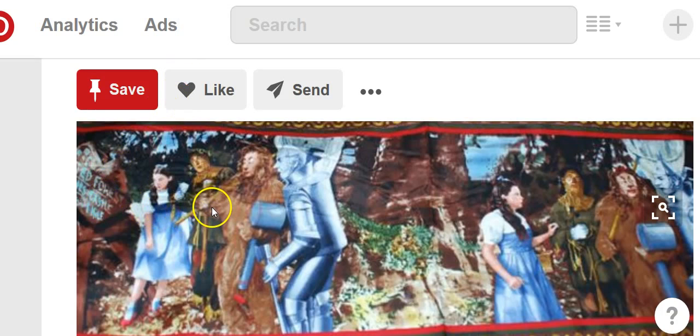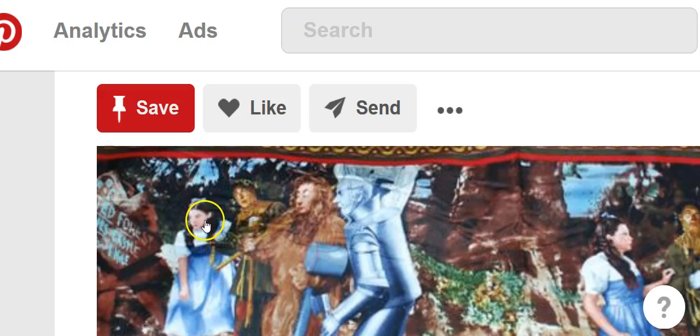This is an artist depiction of the same scene, and we see Dorothy again leaning in, reading the haunted forest sign, and we see Cowardly Lion, the Tin Man, Scarecrow. And for whatever reason, in this artist depiction of this scene, they did not include a gun with the Scarecrow. Scarecrow does not have a gun in this one.